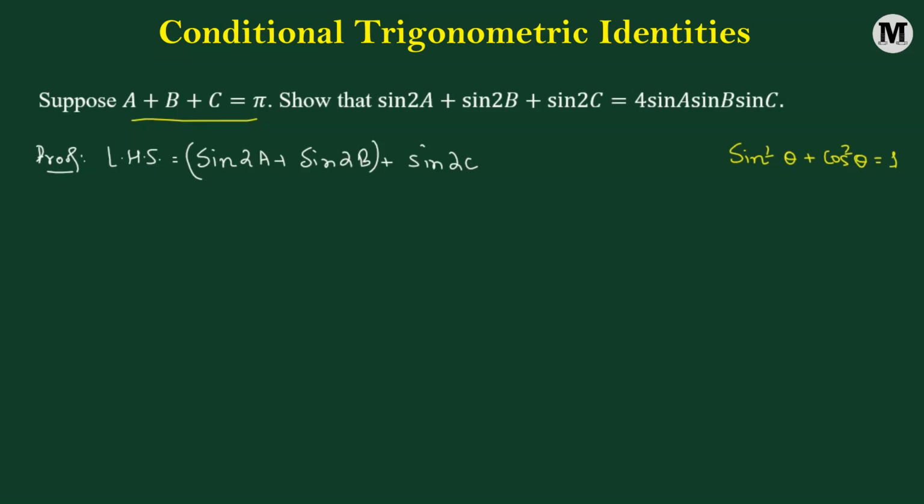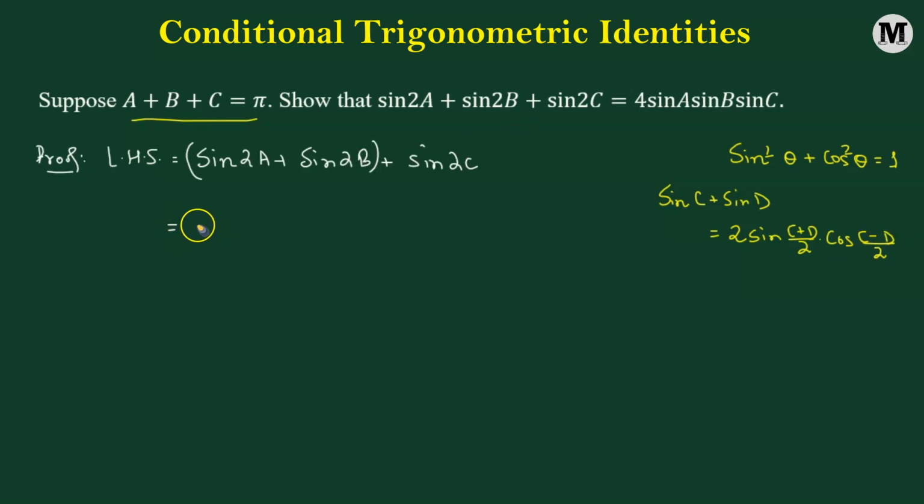How do we add two trig identities? We have a standard formula. If we have sine of angle C plus sine of angle D, this equals 2 times sine of (C plus D) divided by 2, multiplied by cosine of (C minus D) divided by 2. So let's use this.